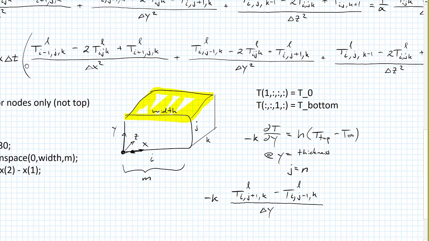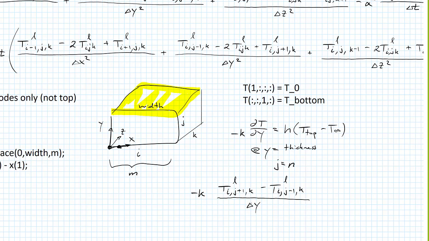And keep in mind this only applies for j equal to n, which we'll get to in a second. So T top, j is equal to n, so that's n is the j index.